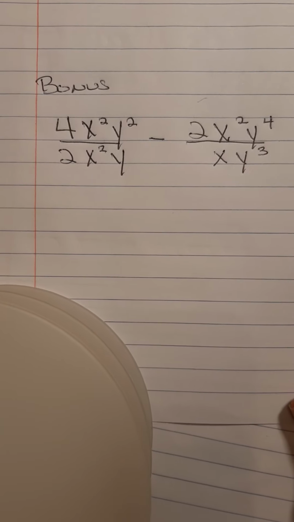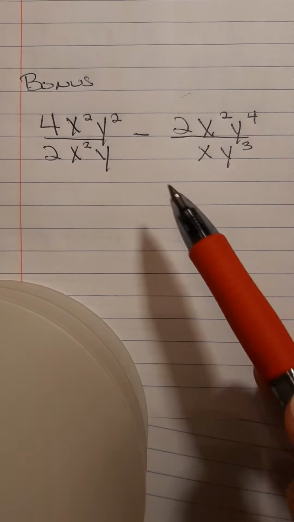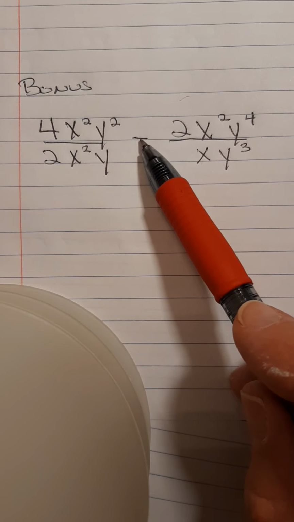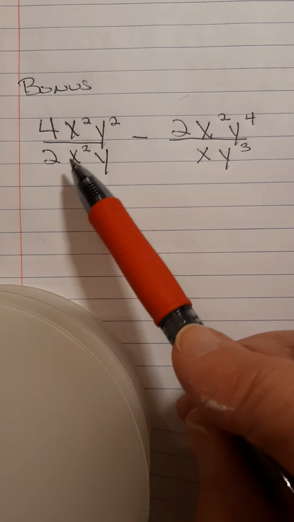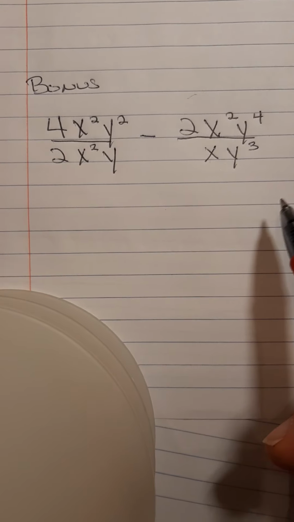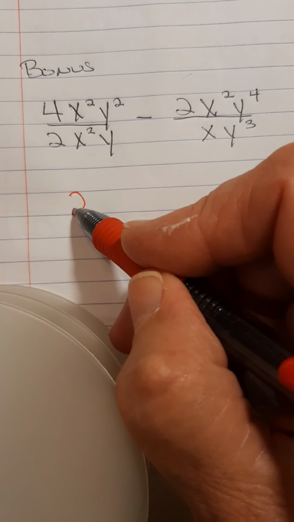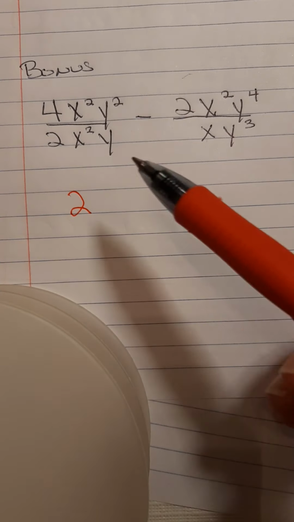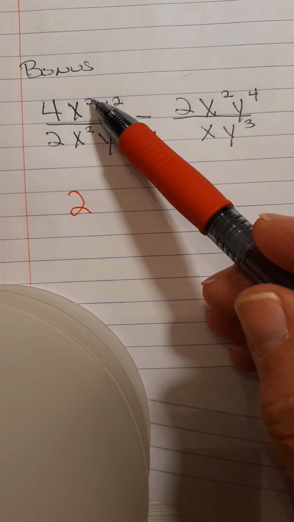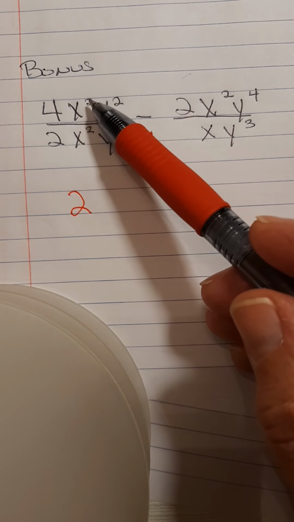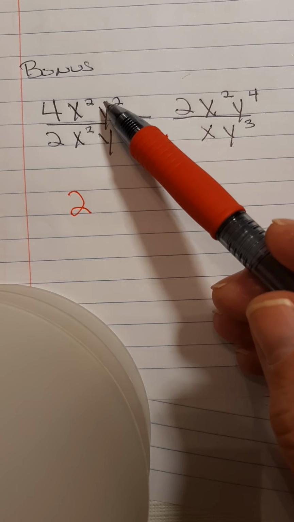All right. Now our bonus, this was kind of tricky. Again, we have to multiply and divide before we can add and subtract. So this has to wait until we resolve these. All right. So we say 4 divided by 2 is 2. X squared divided by x squared is like saying x to the 2 minus 2.